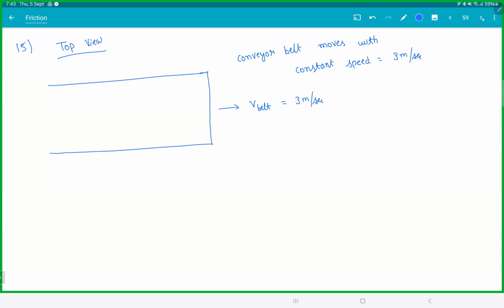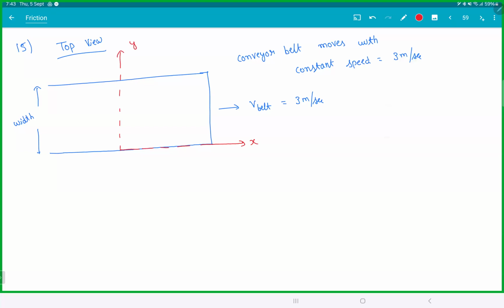This belt's speed is 3 meters per second. This is the width of the belt, which we don't know. You can treat this as your x-axis. You can treat this as your y-axis.